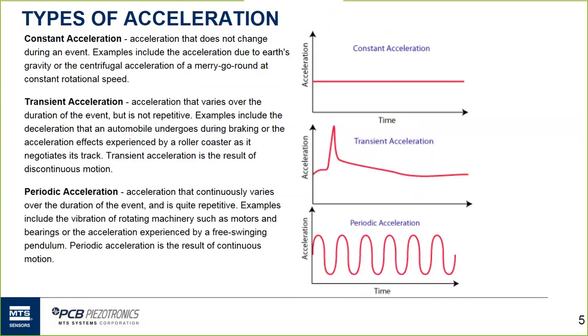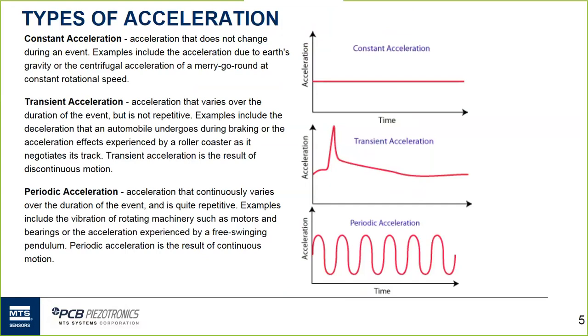Excuse me for that. So moving forward again, looking at types of acceleration, and that is going to include constant acceleration, which of course would be something similar to due to Earth's gravity, or centrifugal forces that are associated with a constant rotational speed.